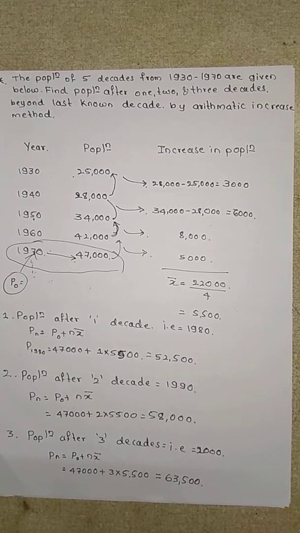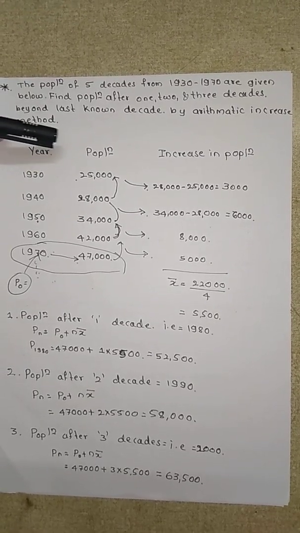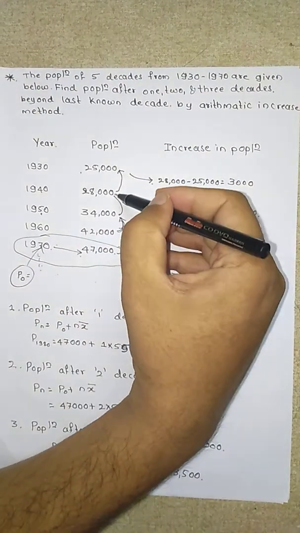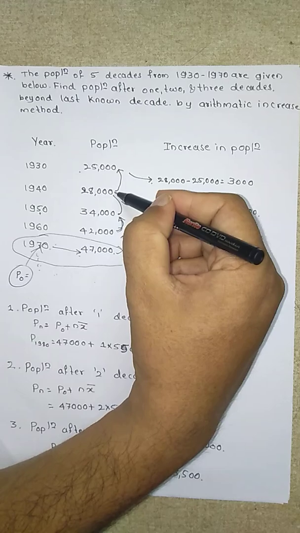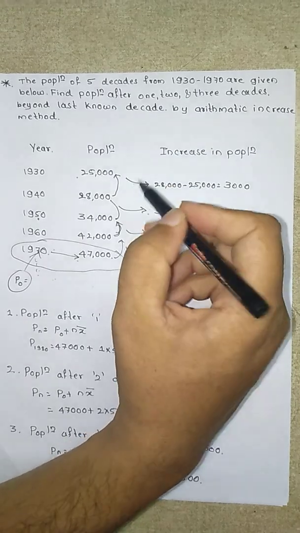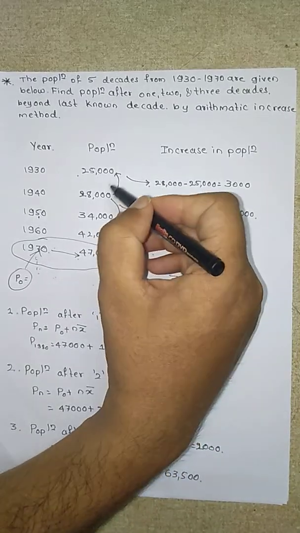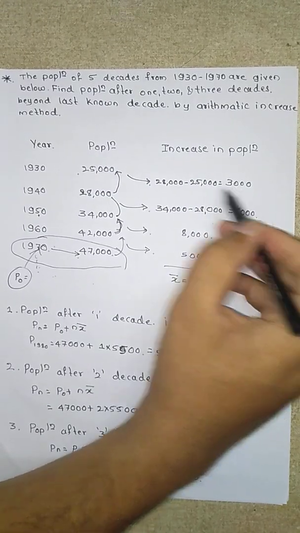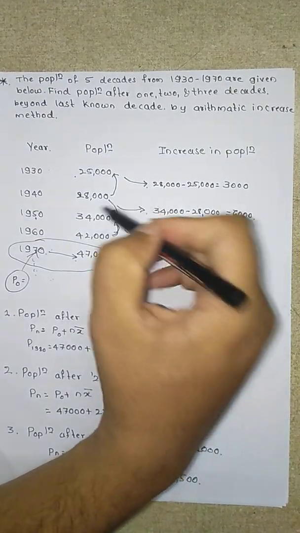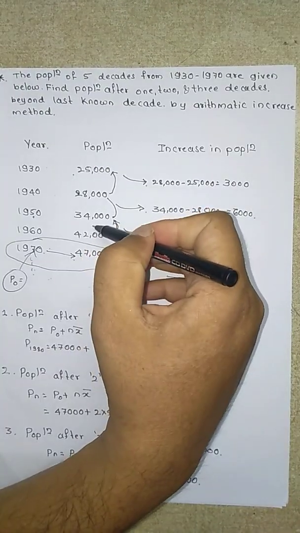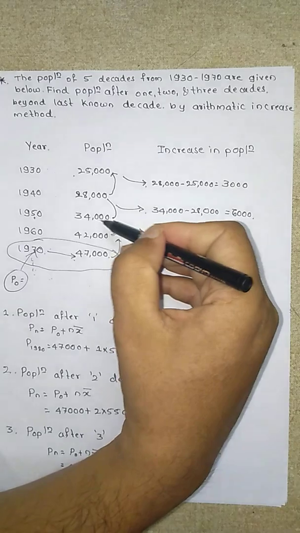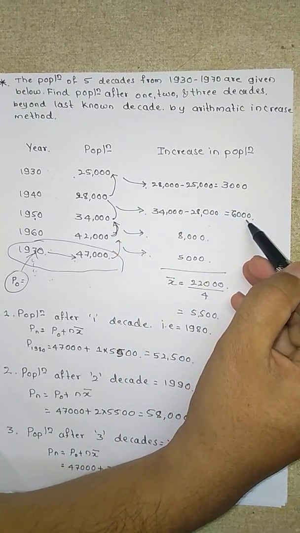From 1930 to 1940 the population increased from 25,000 to 28,000. So how do we calculate the increase? 28,000 minus 25,000 gives an increase of 3,000 between 1930 and 1940. Then the 1950 population is 34,000 and in 1940 it was 28,000, so 34,000 minus 28,000 gives 6,000.